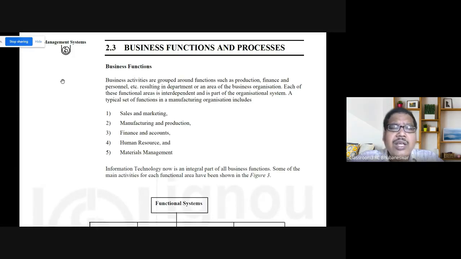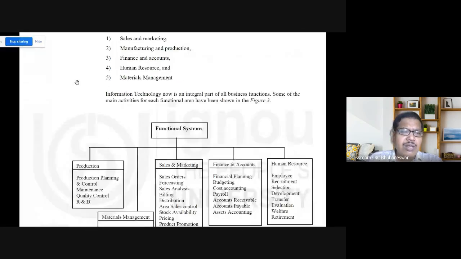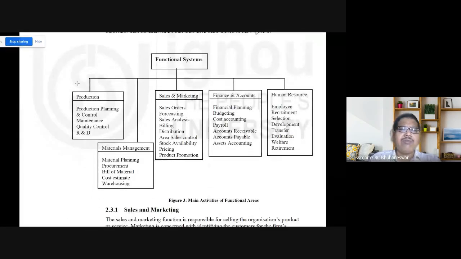As per the need, we have different business functions with respect to the business activities, where we group different functions such as production, finance, personnel, as well as the related departments. We have taken into consideration sales, manufacturing, finance, HR and material management. Here you can see what they respectively do one after another.